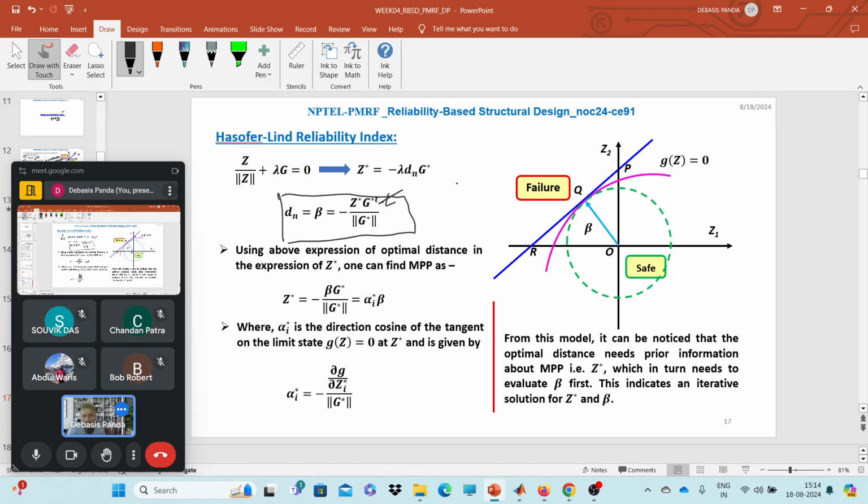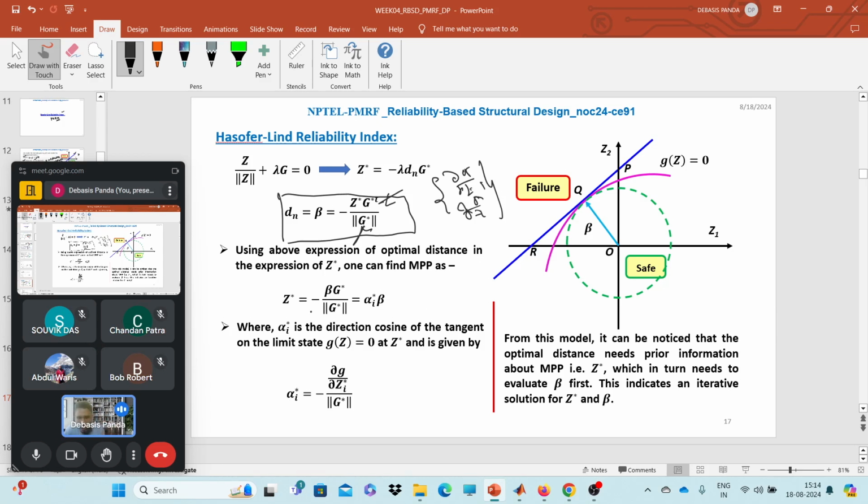G is the gradient vector of the limit state function in standard normal space. That means the vector will consider dg by dz1, dg by dz2 and so on. And the Euclidean norm is nothing but the square root of the sum of squares. So the final solution is beta, and z star is the design point on the standard normal space on the nonlinear limit state function.